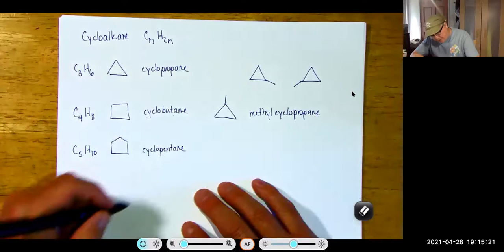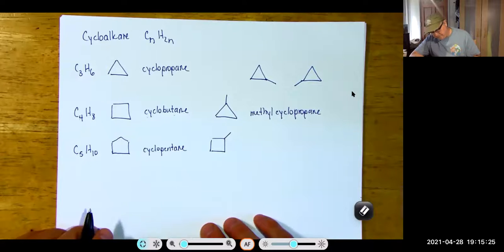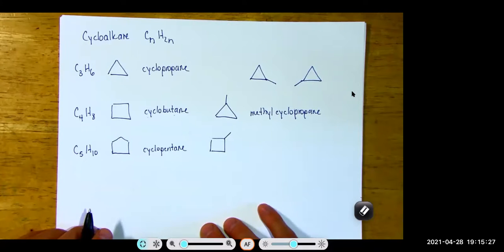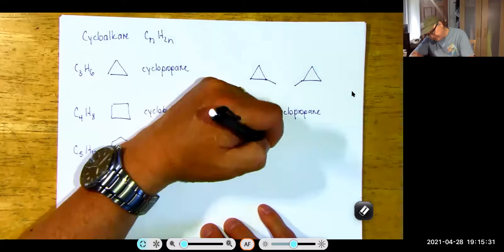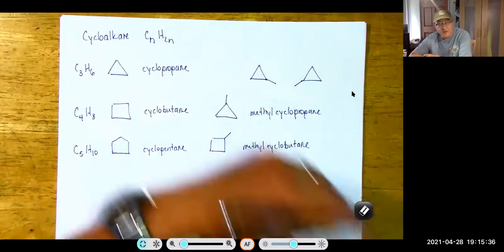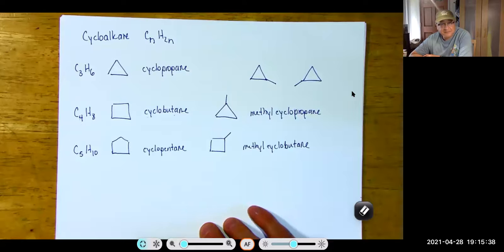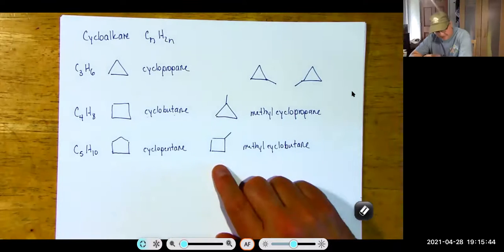Now we can do one of these. What do we call that? Methylcyclobutane. That's right. How you doing there, Izzy? This has been my favorite one so far.